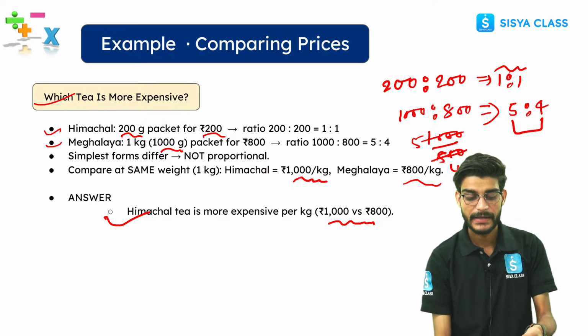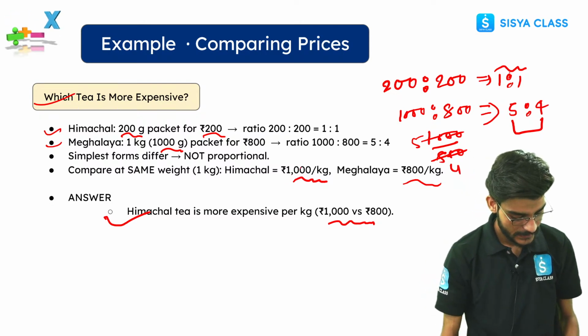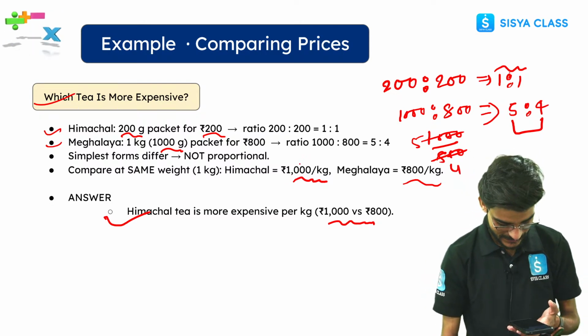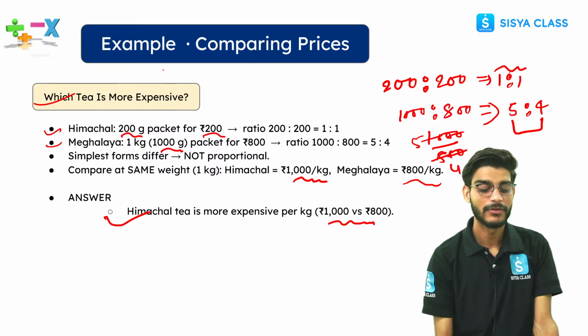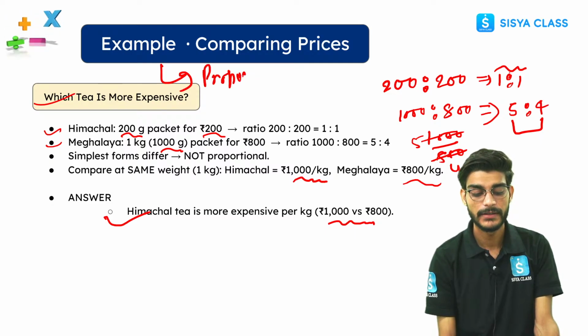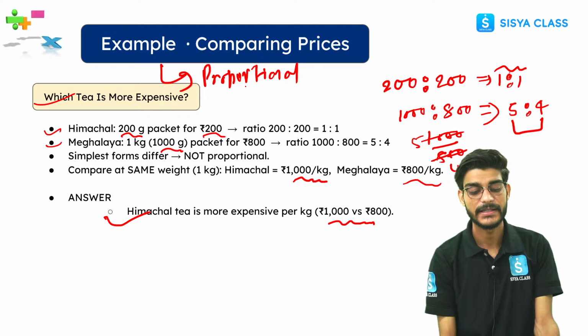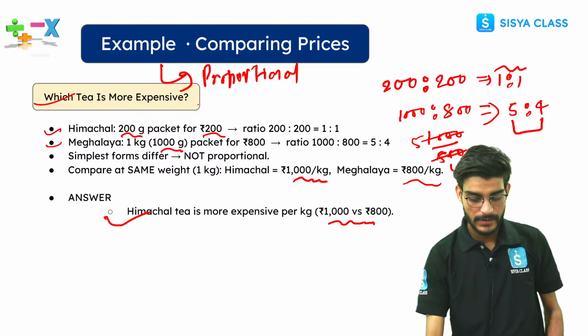For Himachal, for 1 kg it is rupees 1000. So Himachal tea is more expensive, right? So see here, ratio proportionality is also helpful in comparing prices as well. That's it. All of you understood this example, very simple.